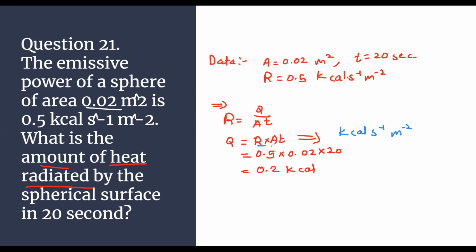This is the unit for R. For area, it is meter square, and for time, second. So meter raised to minus 2 and meter raised to plus 2 will get cancelled out, second raised to minus 1 and second will get cancelled out. And that is why the unit here we are getting is in terms of kilocalorie, which we can convert into joule also. Now let's move to the next question.